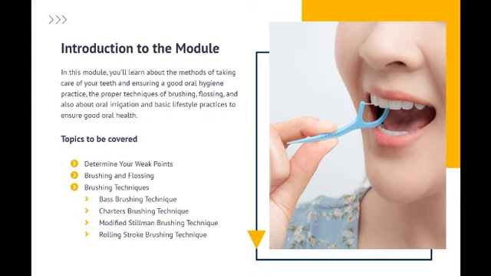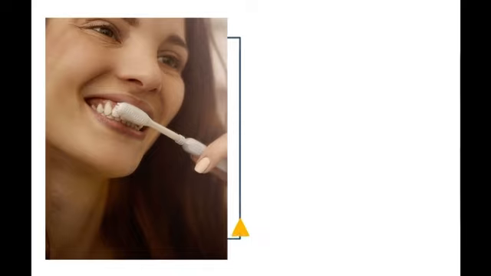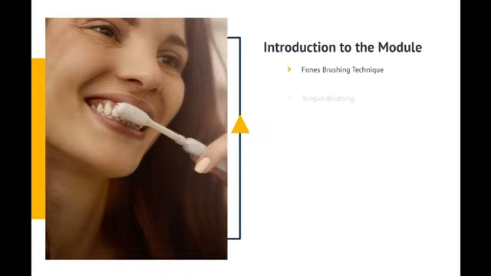Topics to be covered. Determine your weak points. Brushing and flossing. Brushing techniques. Base brushing technique. Charter's brushing technique. Modified Stillman brushing technique. Rolling stroke brushing technique. Phones brushing technique.